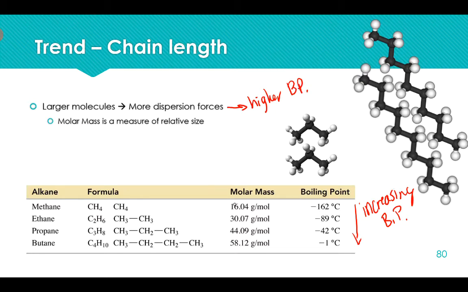And we can use molar mass as a shortcut for figuring out our relative size of the molecule. So if it has a very large molar mass, then that means that there's more atoms there than if it has a low molar mass.